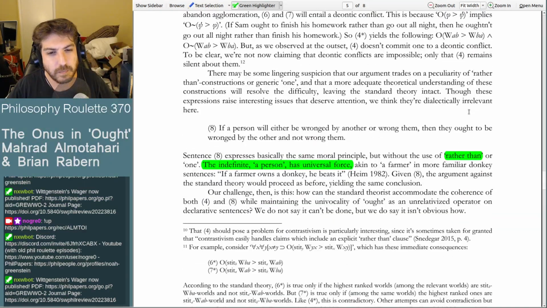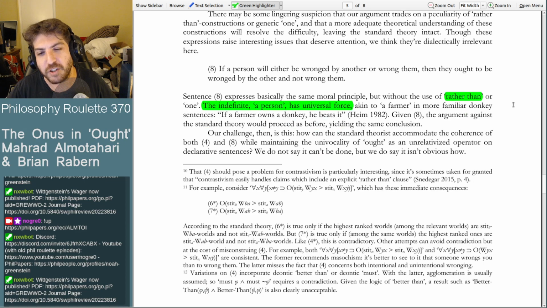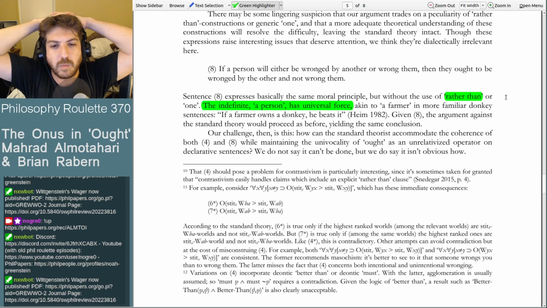So if there is a person that is wronged by any other person, then they ought to be wronged by the other and not wrong them. Yeah, see, if you do it this way, that's fair, but I'm not sure we're going to get the exact same thing. Let me think about this for a half sec. If a person will either be wronged by another or wrong them, then they ought to be wronged by the other and not wrong them.